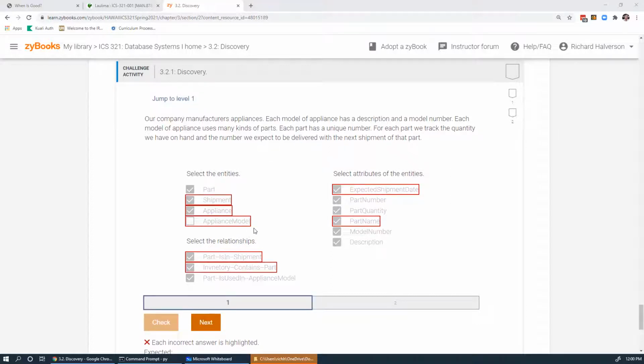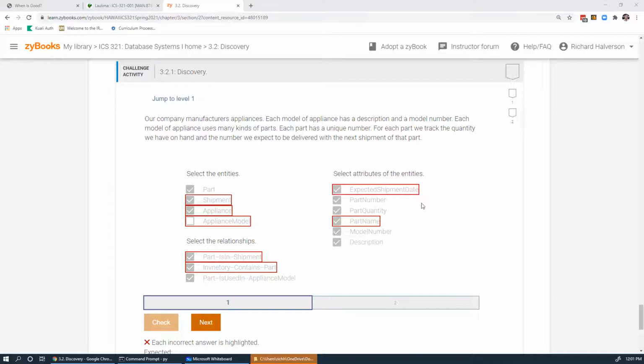So there are these appliance models, and there's parts, and there's a relationship between appliance models and parts. Part is used in appliance model, and so shipping has nothing to do with anything really.